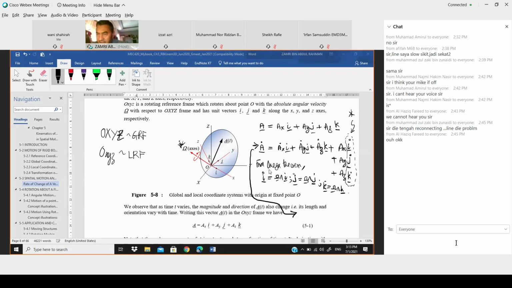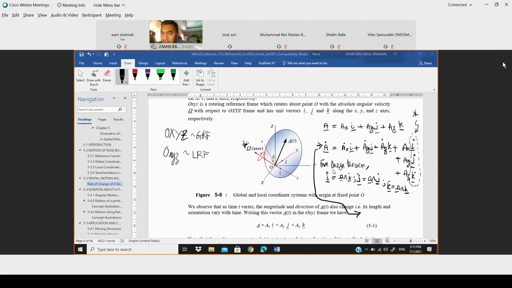Sir? Oh, sir. Ya. Line select. Kita orang nampak select. Jadinya cuba sir tutup kamera sir. Mana tahu jadi laju sikit.